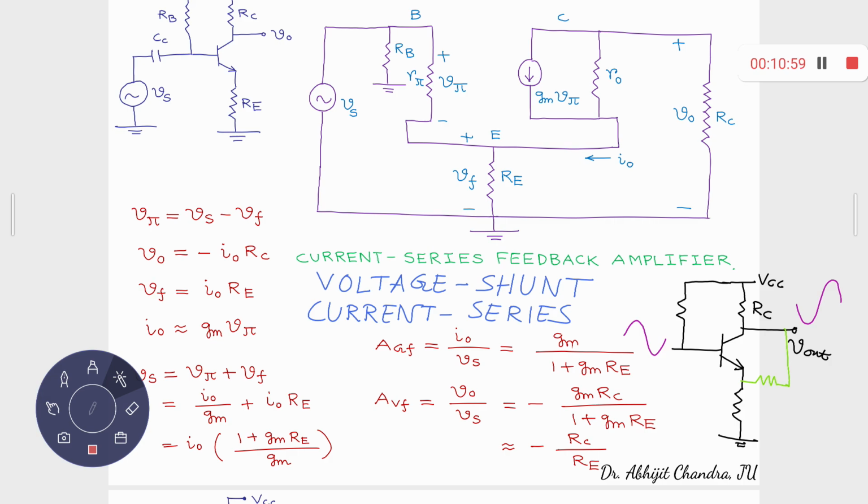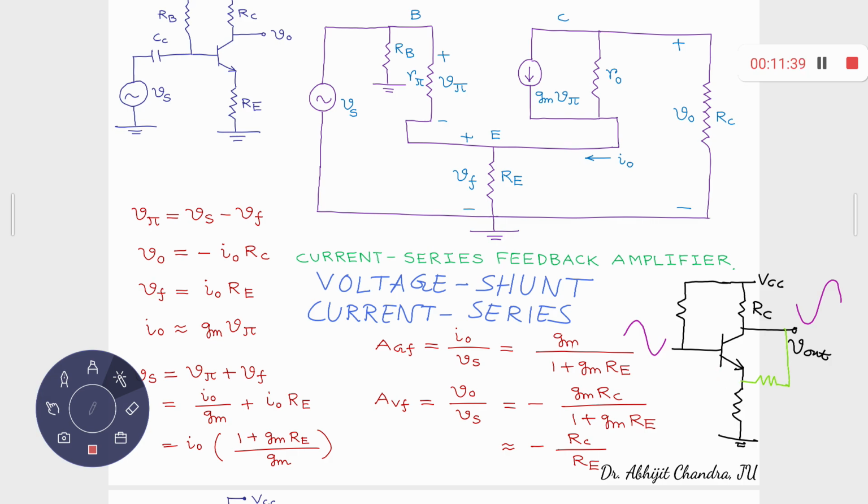So from here to here, there is no phase difference because you have only a resistance. Whenever the input goes positive, the output goes negative. So the signal fed back at this emitter terminal also has a negative kind of fluctuation. Now this is applied at the emitter terminal, but you find the base potential is increasing while the emitter potential is reducing.